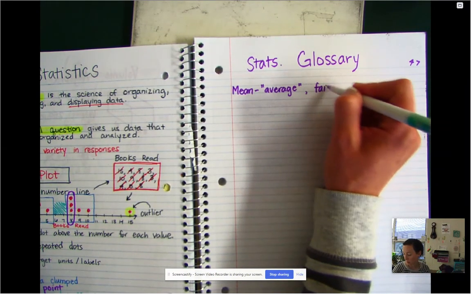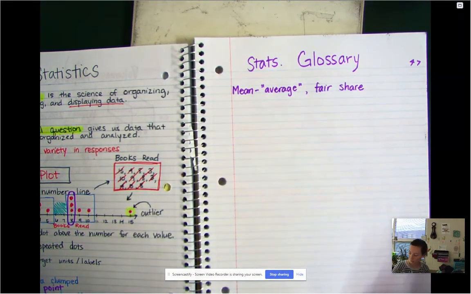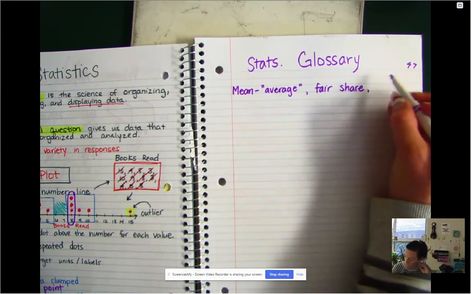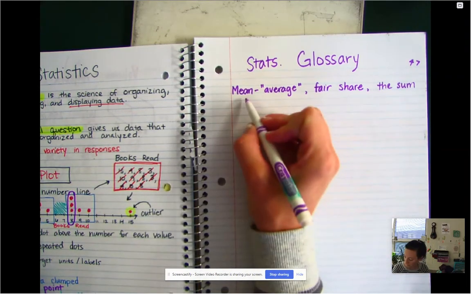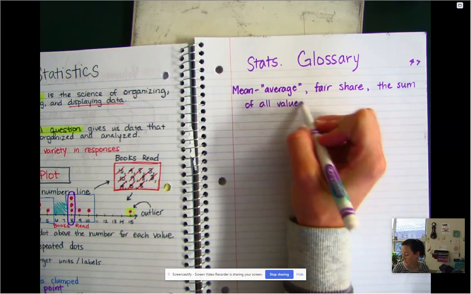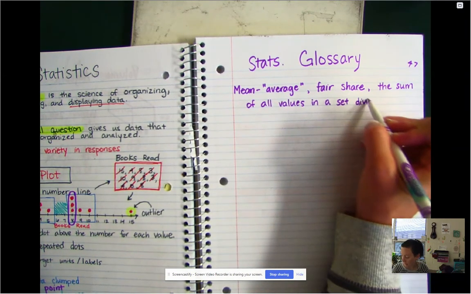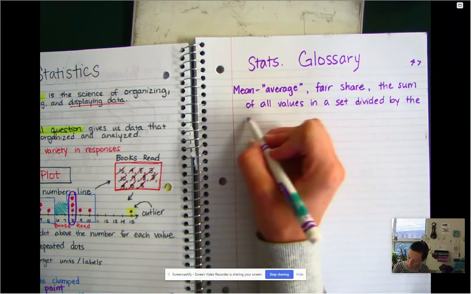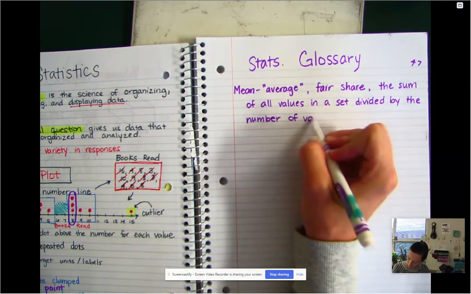So if we put all of the data values in together and then divided them equally, you can also think of it as just what it is, which is the sum of all the values in a set divided by the number of values.